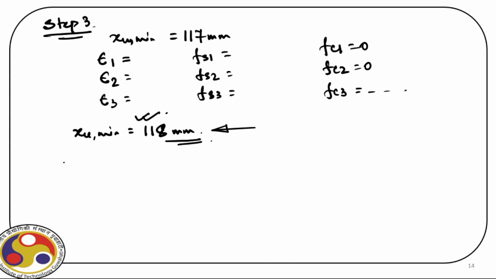Now with this value, let us assume that this value is the final value of XU min, which is not. That I leave it for you to complete the exercise. So for the converged value, you expect in the next step, step 4, PU, and PU value will be 0 because that is the main target. So we have to get it, and then MU, right? But for the time being, let us solve for both of them and see after this second iteration what is the value of PU.